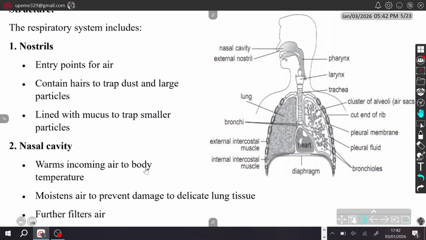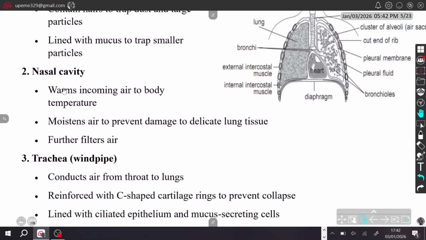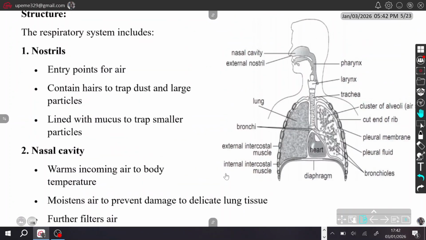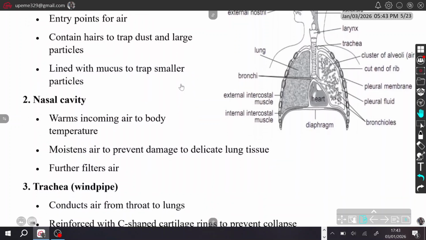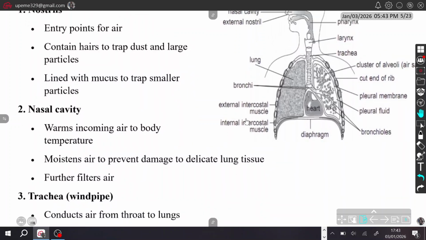All right. Next, after the nasal cavity, we talk about the trachea, or windpipe. From there, we find the larynx and pharynx. Those we don't talk about much, but we talk much about the trachea here. So now we come to the trachea, which is known as the windpipe.